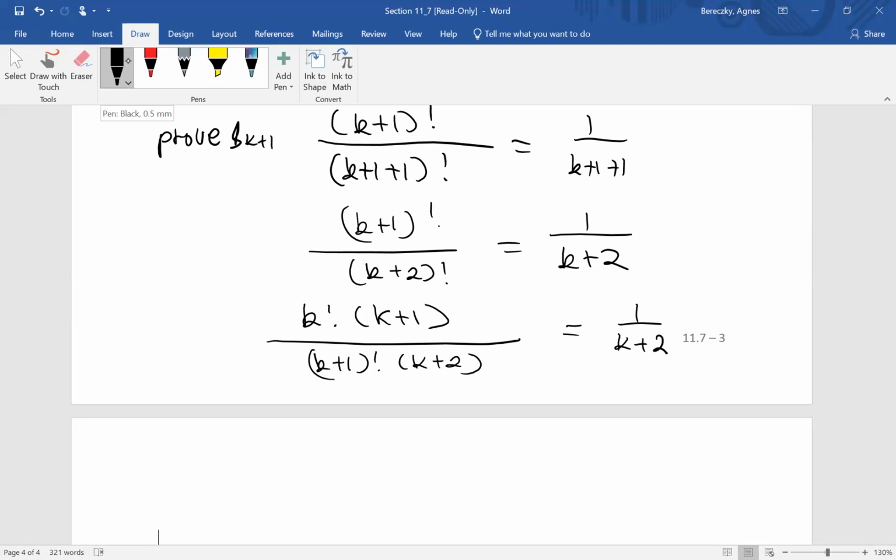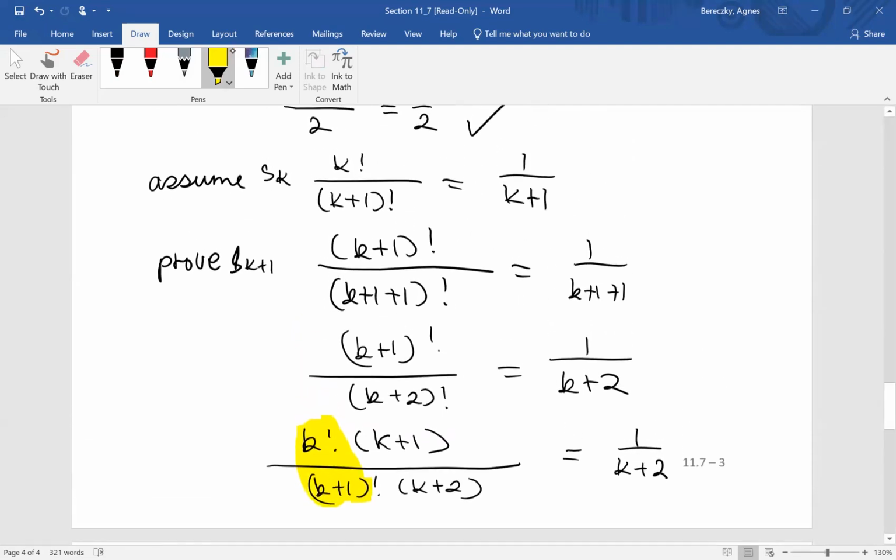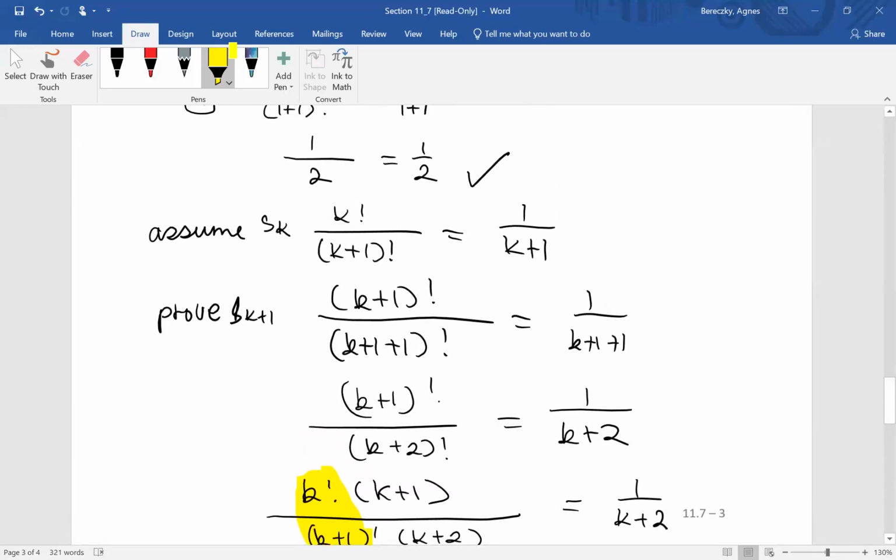So what we recognize is this part on the left-hand side, if we roll back, what was Sk, was k factorial over k plus 1 factorial, can be replaced with the 1 over k plus 1 because we assume that these left and right-hand sides are equal.